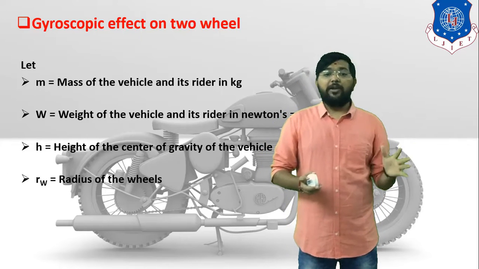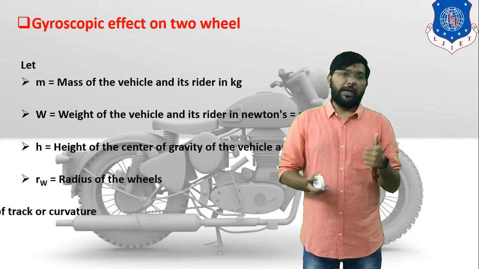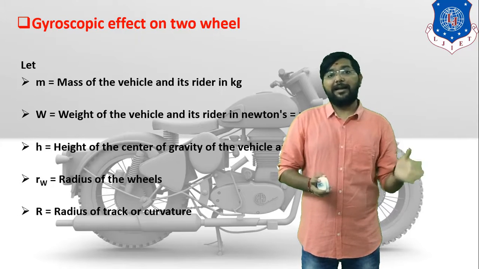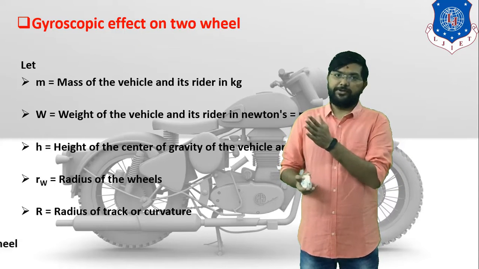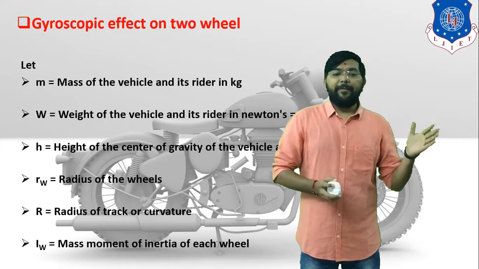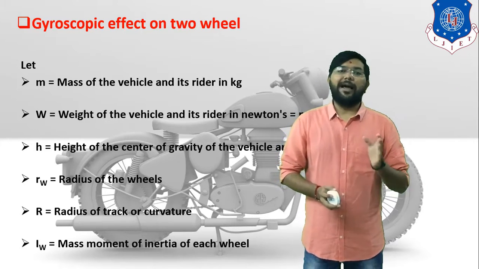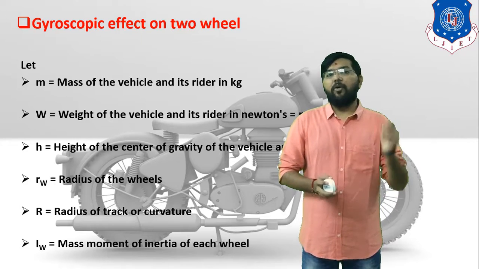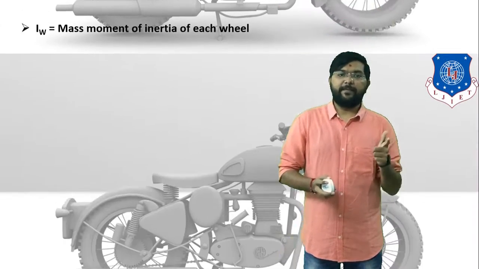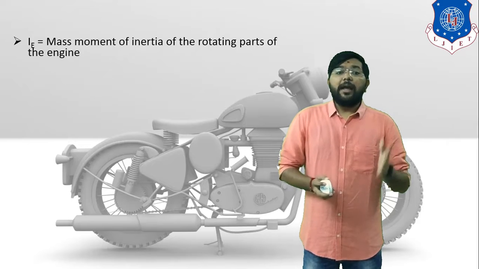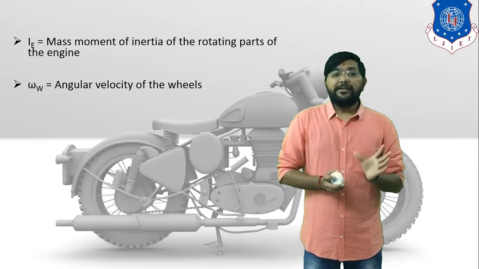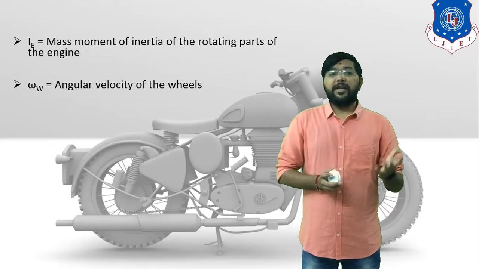Small rw is the radius of the wheel. Capital R is the radius of curvature. Iw is the mass moment of inertia of each wheel, and capital Ie is the moment of inertia of the engine.